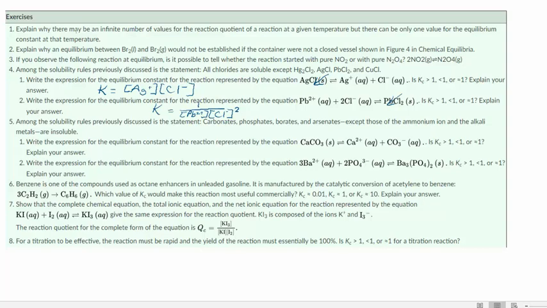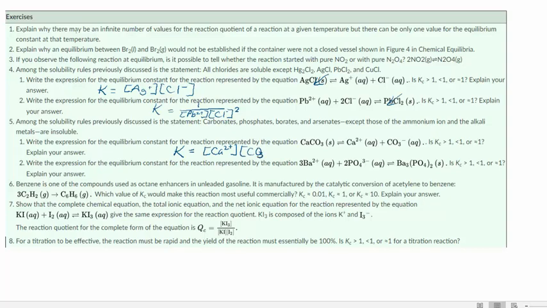Number 5, we're going to take approximately the same approach, but this time we're going to be looking at carbonates and phosphates. So if carbonates are insoluble, so this is an insoluble compound, and we need to write the equilibrium constant expression, then it would be the concentration of the calcium times the concentration of the carbonate, and there's a typo there, that should be a 2 minus.